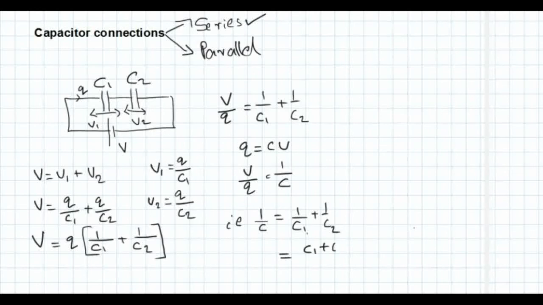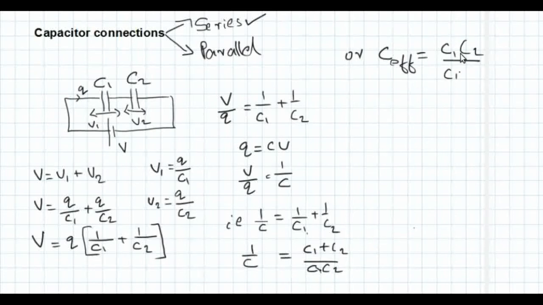So we want to find the effective capacitance C. That means 1 by C1 plus 1 by C2 is equal to C1 plus C2 by C1 C2. That is 1 by C. Therefore, what is C? To get C, you just take the inverse of this equation, that is C1 C2 by C1 plus C2.